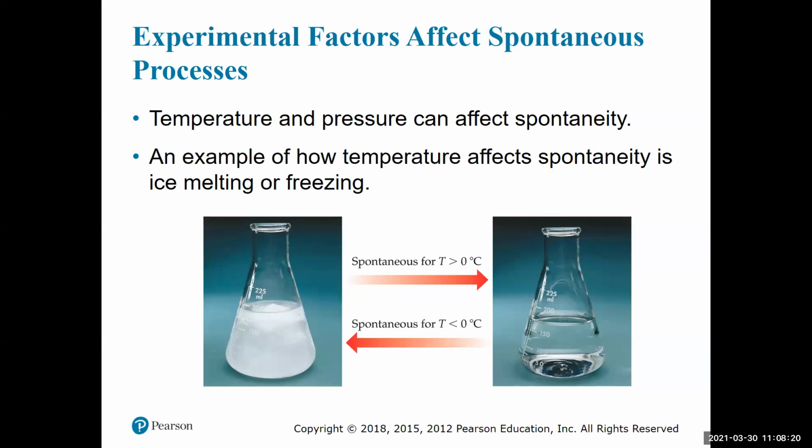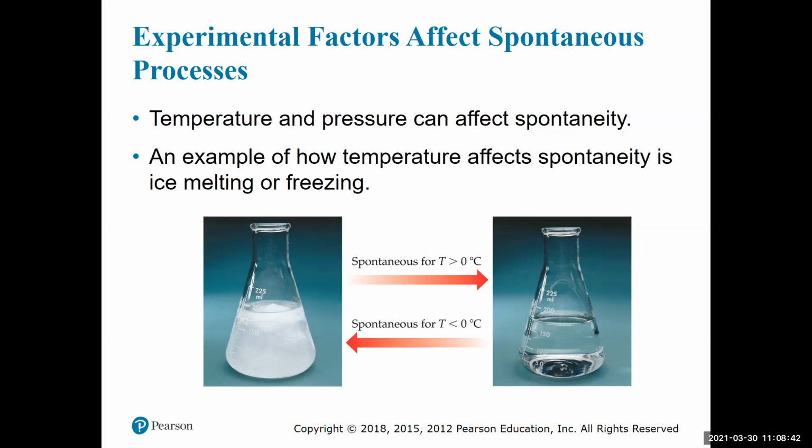On the left-hand side, where we have the flask full of ice, if we increase the temperature so that it's above the freezing point of water, which is 0 degrees C, then that ice is going to start to melt and go from solid to liquid.